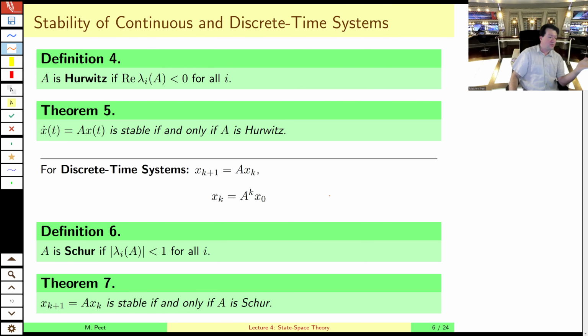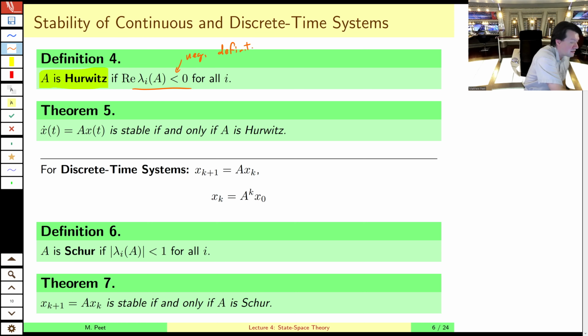So this is such an important property of the matrix. It's the property of the matrix that we give its own name. Specifically, a matrix is Hurwitz if the real part of all of the eigenvalues is negative, definite. I'll emphasize definite: strictly less than 0.